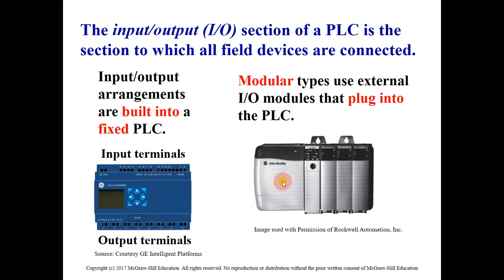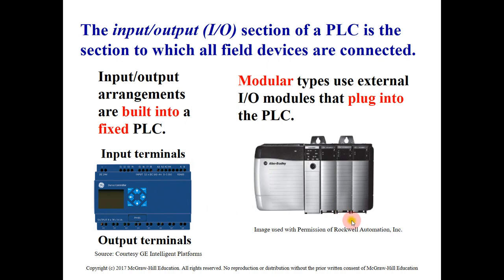For the modular type of the PLC, we can see some hardware similar to the previous chapter, which we said includes the power supply, the CPU module, and here we have the input-output interfaces. So this type of input-output interface is modular type.